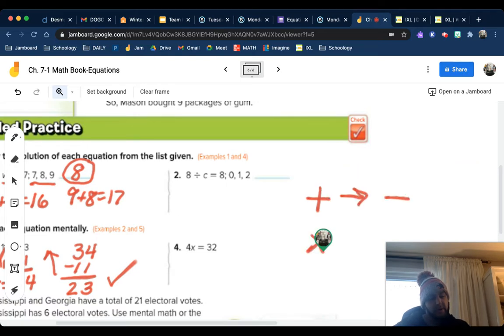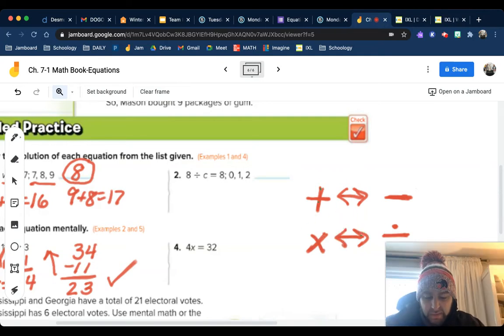Opposite of multiplying is dividing, and then vice versa. And opposite of subtracting is adding, and opposite of dividing is multiplying. So take your time, look through this. If you have any questions, message me. I'll try and see if I can find some videos in case you're having some trouble with it.